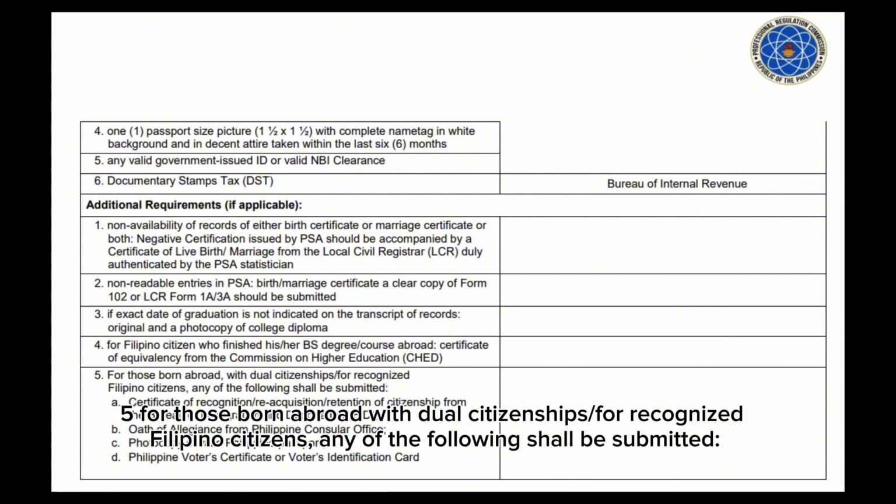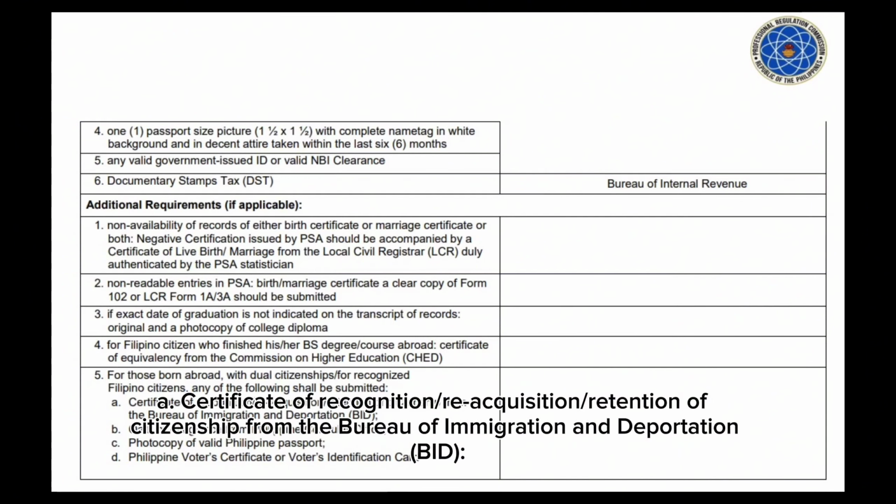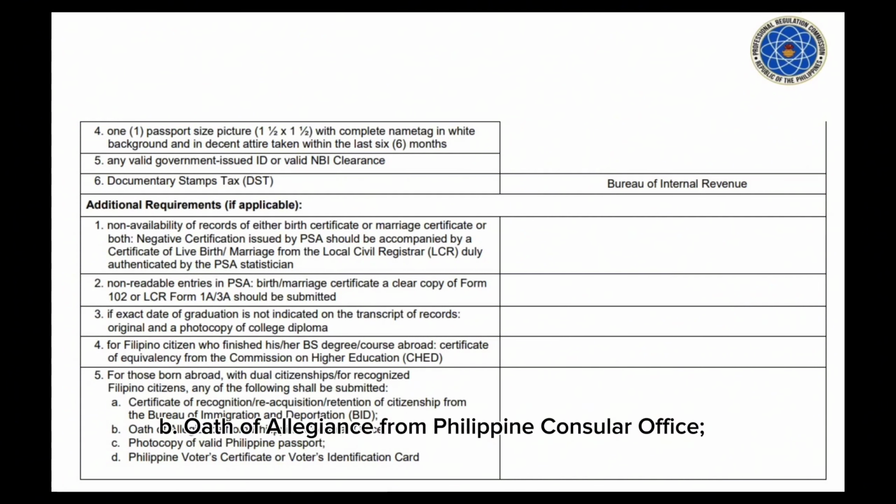For those born abroad, with dual citizenships, or for recognized Filipino citizens, any of the following shall be submitted. A. Certificate of recognition, reacquisition, retention of citizenship from the Bureau of Immigration and Deportation, BID. B. Oath of allegiance from Philippine Consular Office, C. photocopy of valid Philippine passport. D. Philippine voter certificate or voter's identification card.